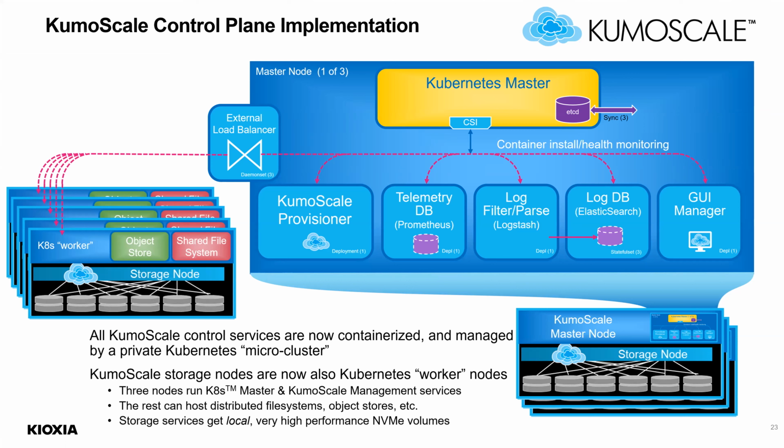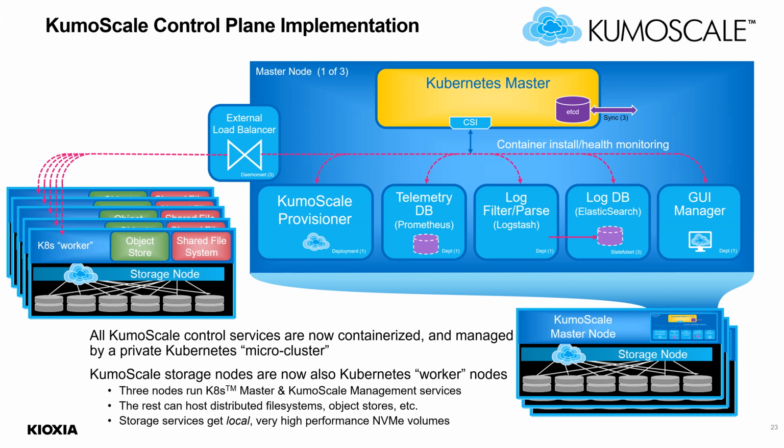If you look at the lower right corner of this picture, we picked 3 CumoScale storage nodes. CumoScale storage nodes now are also Kubernetes worker nodes. And we choose 3 of them to become the masters of the cluster, running the Kubernetes master runtime.